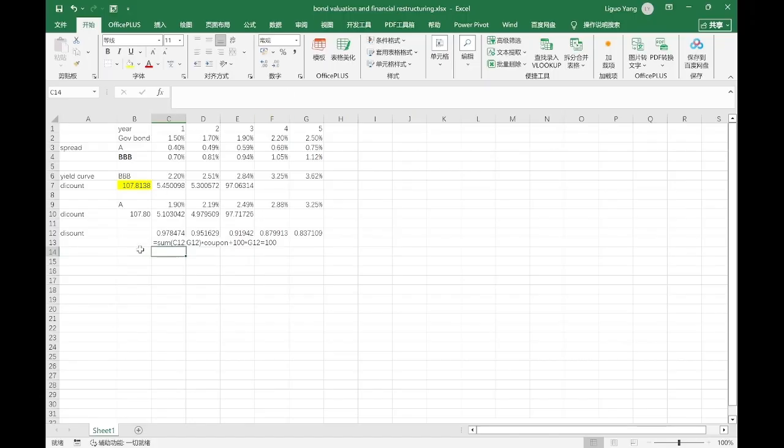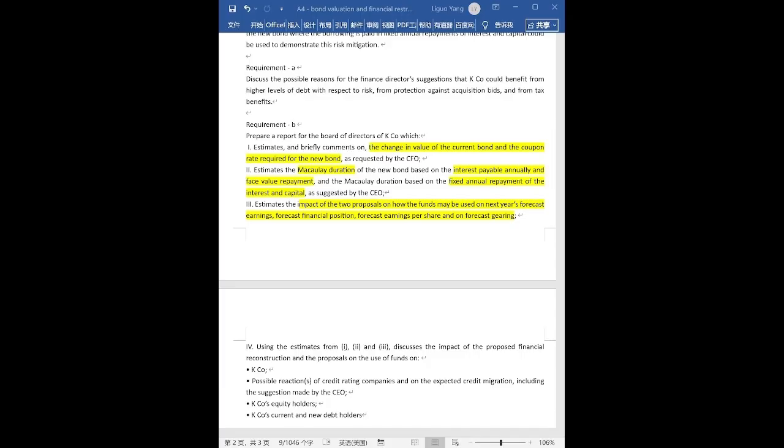The coupon will be 3.567. Now let's go ahead with the next requirement, the Macaulay duration of the new bond, based on two scenarios.